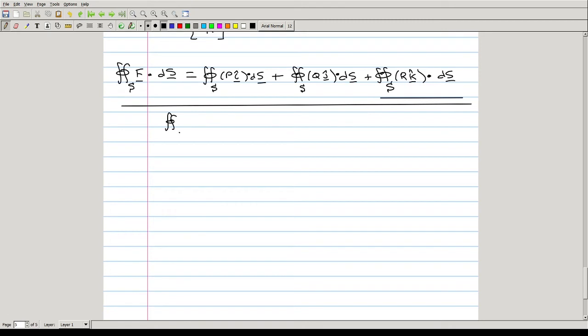So you'll recall that this surface integral over S of R times k hat we can think of as the sum of the open surface integral over S upper with the surface integral over S lower, assuming that the normal vectors in each case have to be oriented consistently to point outward.